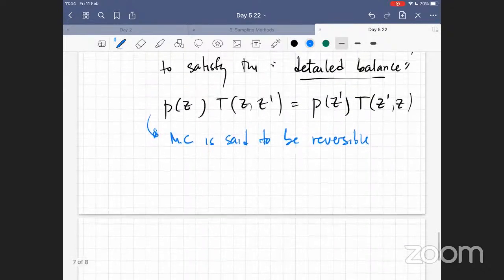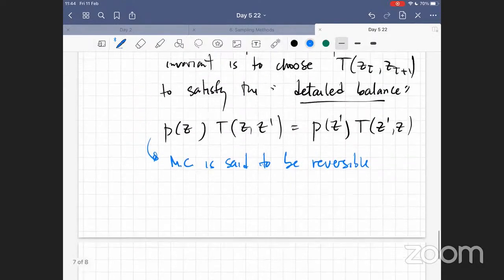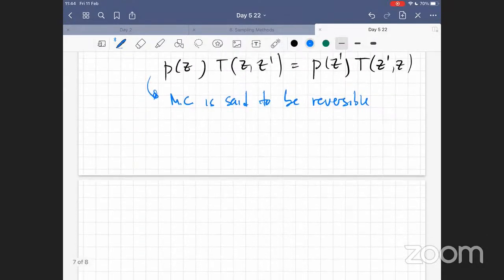Okay, so why is it reversible? The way to show this is more or less simple.